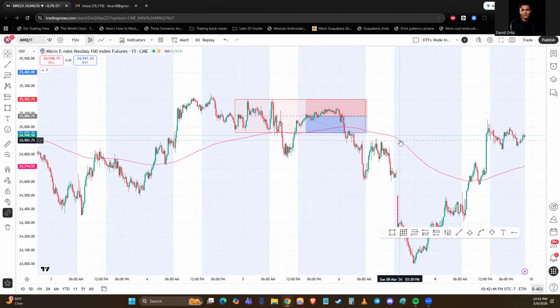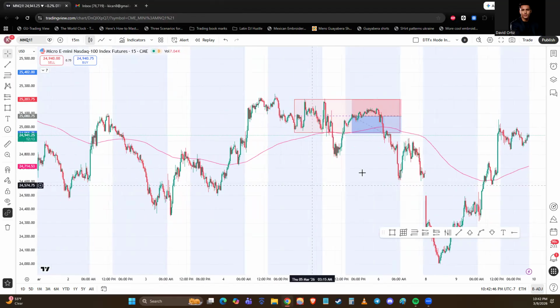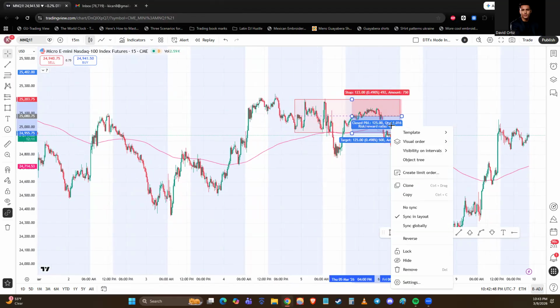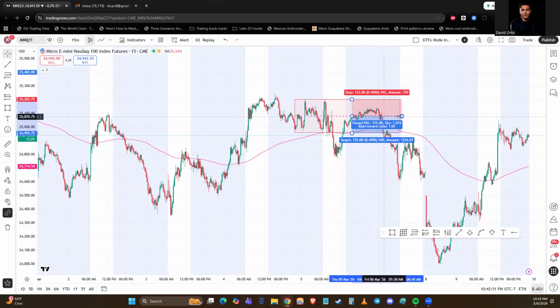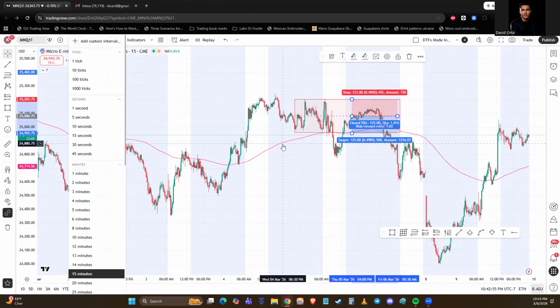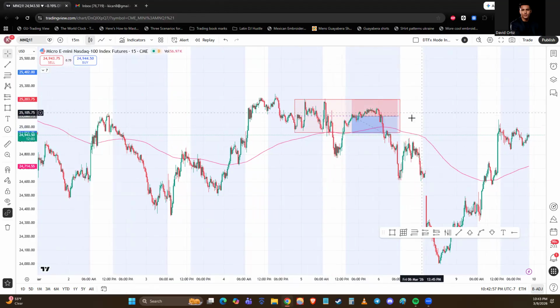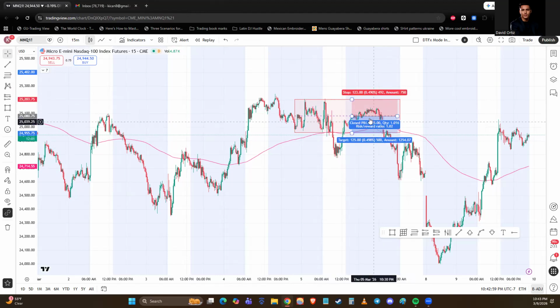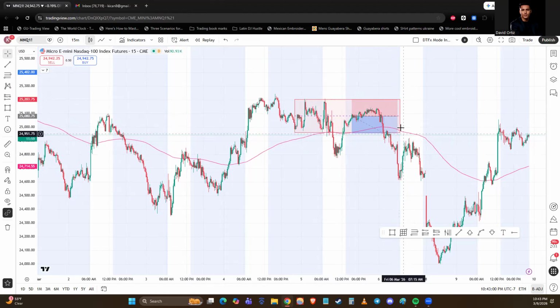So let's see. Okay, here's another example of a box that could work or that worked. You see this downtrend, right? We're down below the 200 moving average, so the trend is still going down.